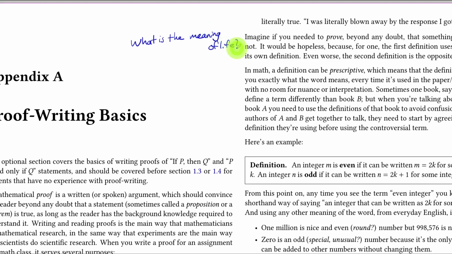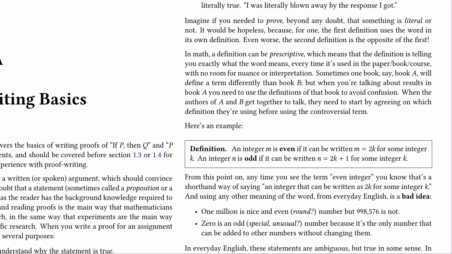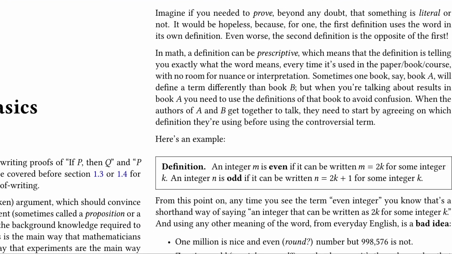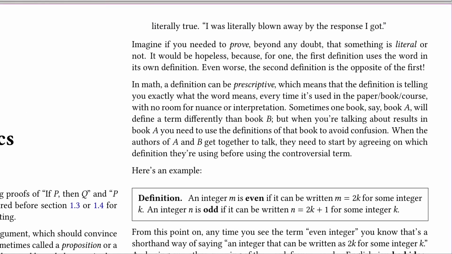When people ask questions like, what is the meaning of life? That depends on your definition of the word meaning and the word life, right? Questions like this are especially hard because different people mean different things by all these words. So that's one of the reasons I'm not a philosophy teacher.